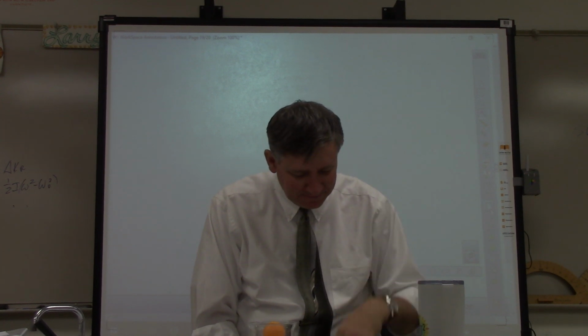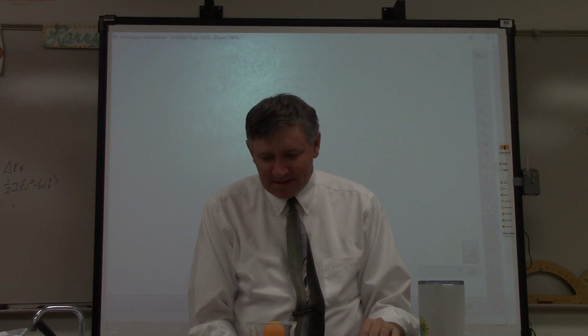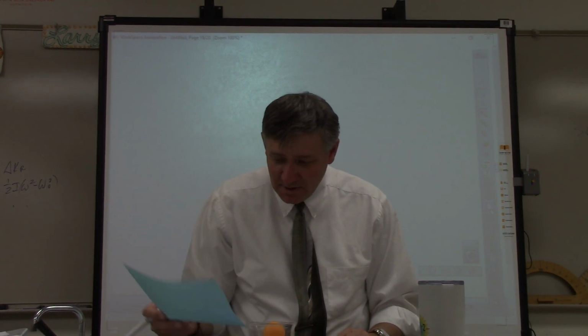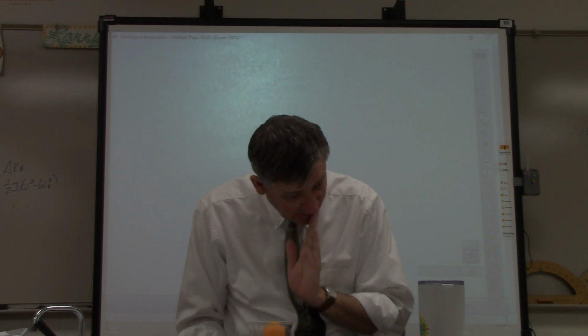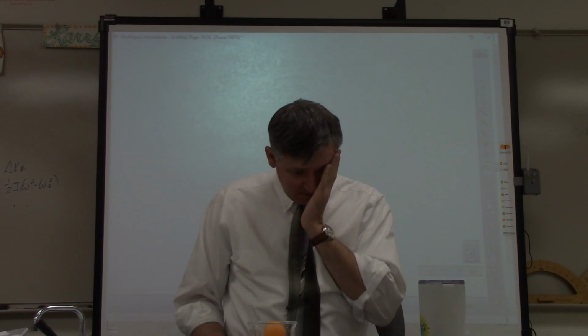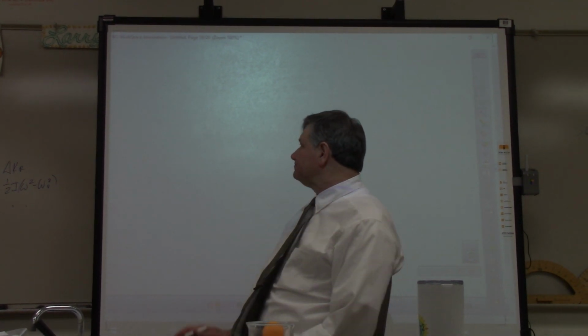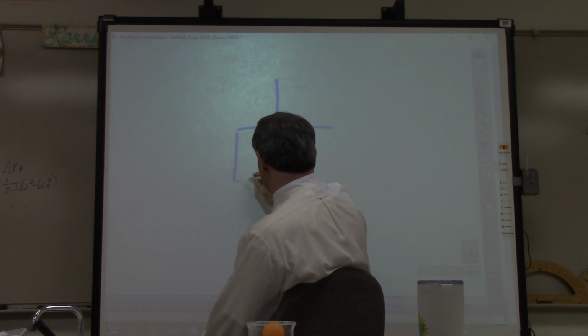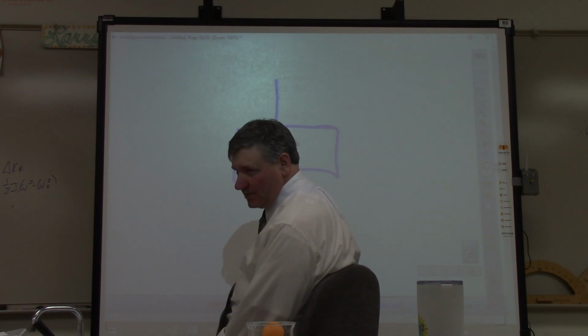Okay. Now, let's talk about problem number 14. There are a couple of different ways you can work this problem depending on how fancy you want to get with your algebra.